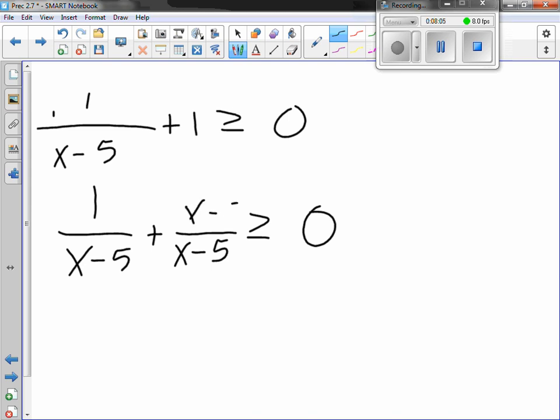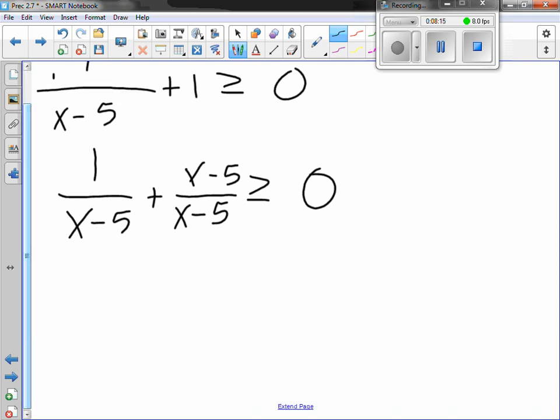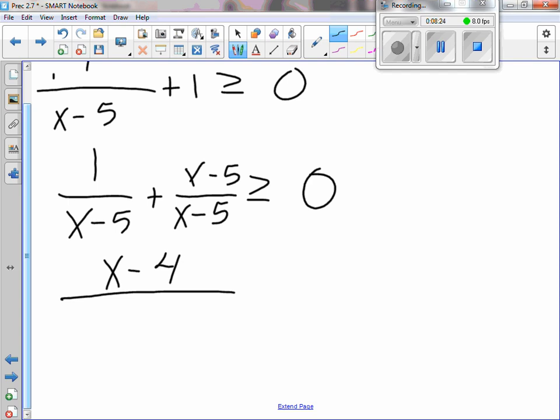Or x minus 5. Because I'm going to multiply the numerator and denominator to make them the same. So here's just x minus 5. And because the denominators are the same, it means I can add the numerators. Well, x doesn't have any like terms. 1 plus -5 is -4.